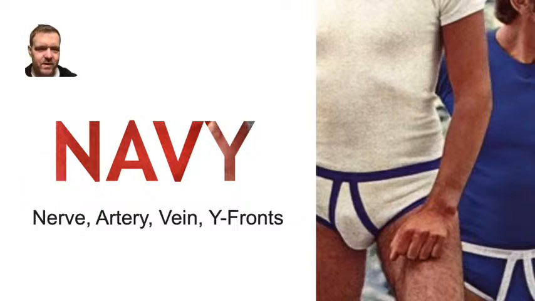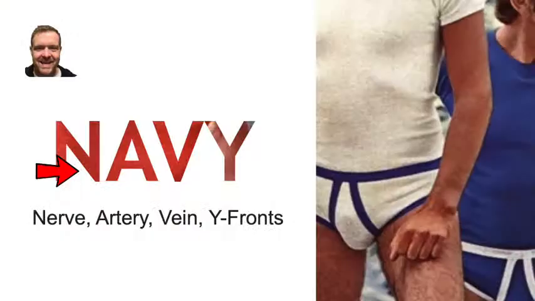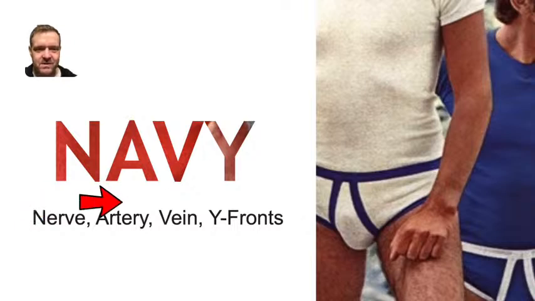So if we go back to this picture, there's your nerve, there's your artery, there's your vein, so NAV, and then your Y fronts would be there. A nice way, well, I say nice way, of remembering the order of those vessels in the femoral triangle. So if you're doing an exam, that's one to remember.